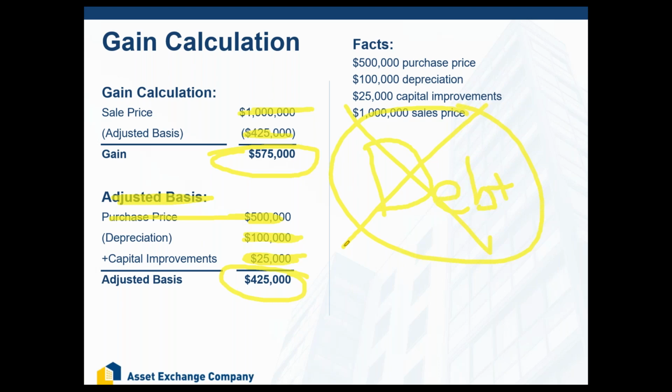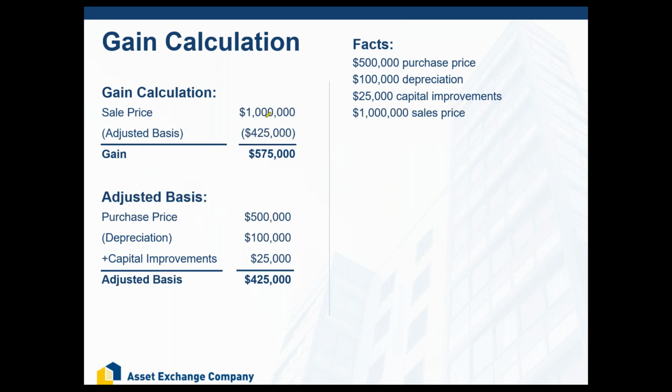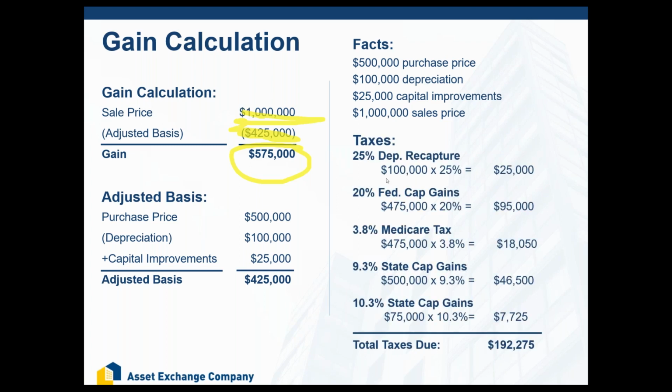So I'm not going to have to pay any taxes, right? Wrong. The debt you hold against your property has nothing to do with your tax bill. All right? All we care about is your net sales price and your basis. That gives us your gain, and then we apply all of those taxes that I mentioned earlier against your gain to figure out what your tax bill is going to be.